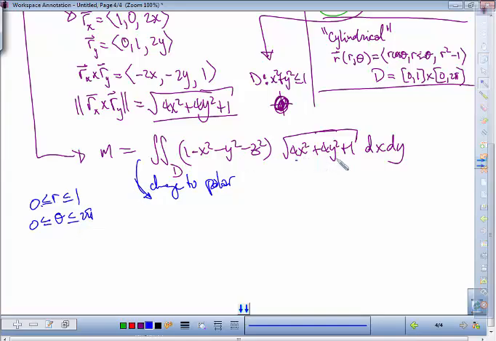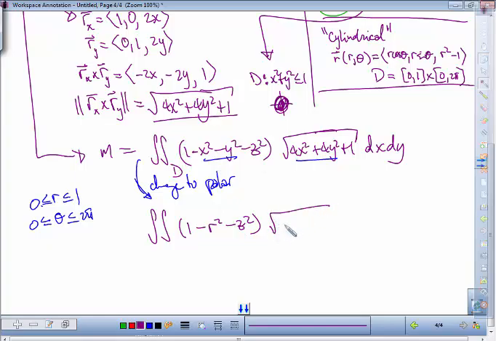And then all my x squareds plus y squareds become r squareds. Unfortunate that I still have a z squared over here, but I'm not going to do the integral anyway, so I'm just going to go as far as to set it up in polar. We have the integrand is 1 minus r squared minus z squared.